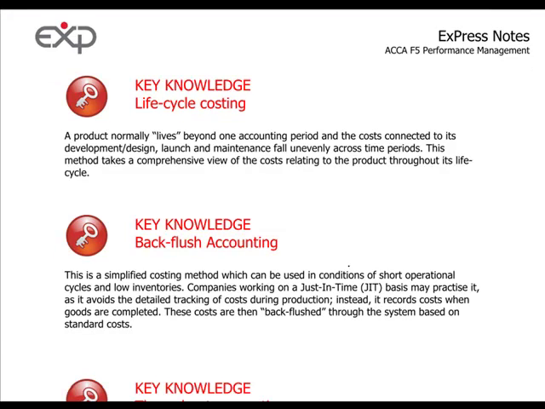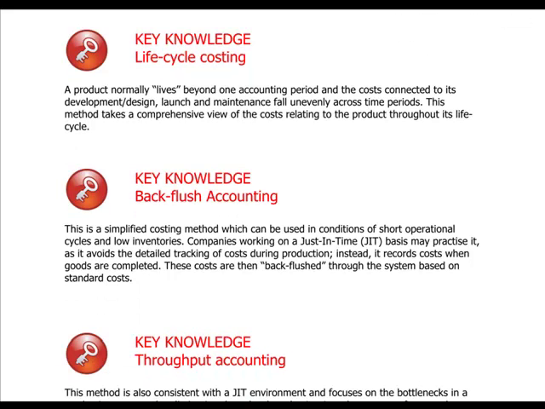So what life cycle costing does is look at all of the costs during the life cycle of a product and accrue them evenly throughout the accounting periods. This is used because most of the costs are incurred in the research and development phase, which are not even included in the cost card of the product. So we want to have a holistic image of the cost of a product to have an accurate determination of the costs.